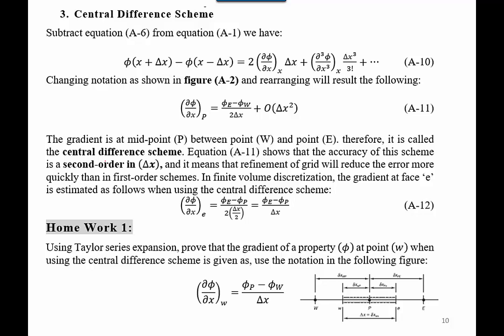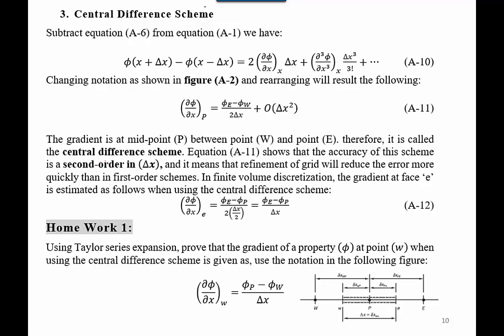In finite volume discretization, the gradient at face E is estimated as follows. In equation A11, we find the gradient of phi at point P, but as we said before, we want the gradient of phi at the interfaces.